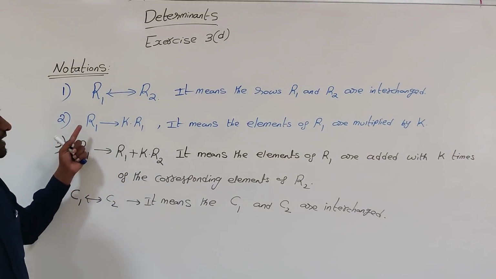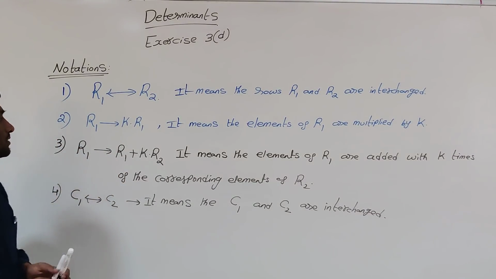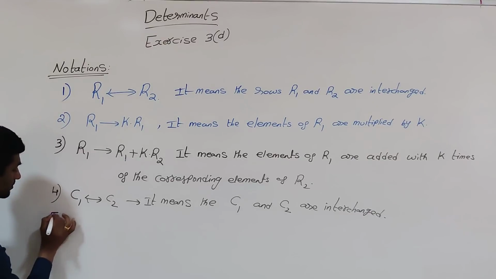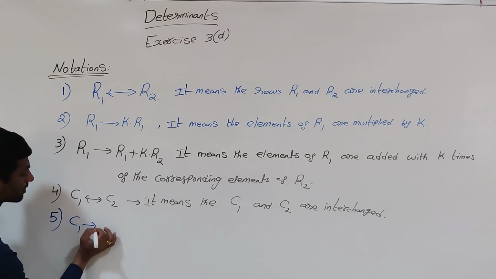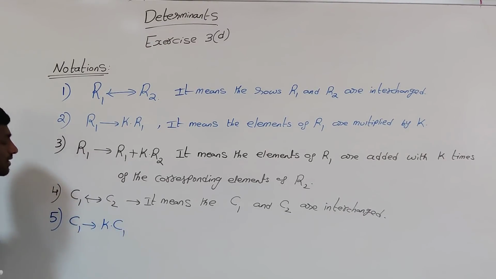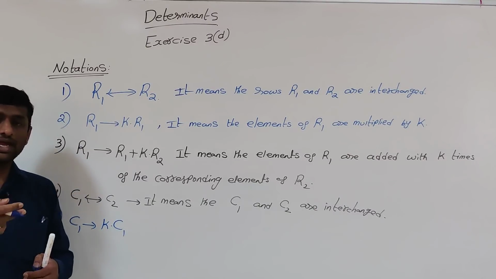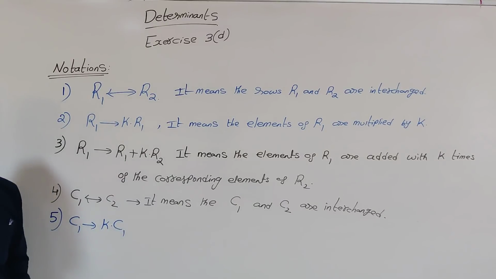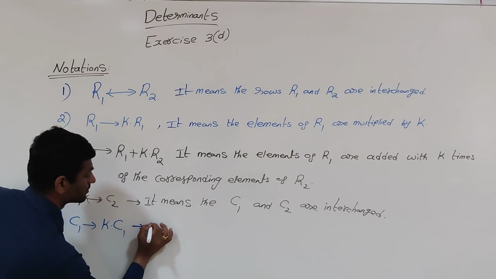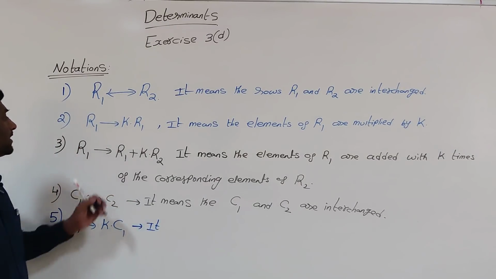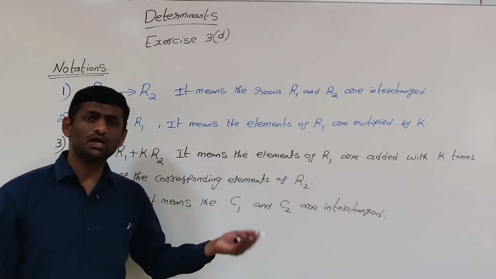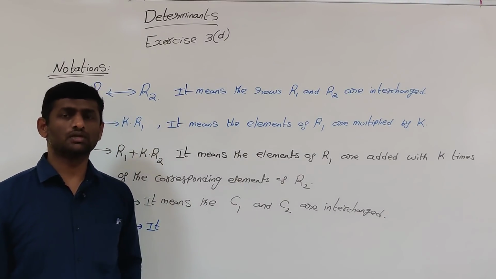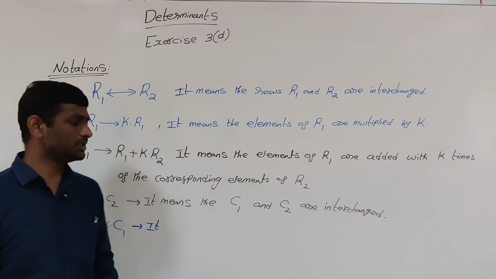Similarly, C1 implies K times C1, means the elements of column 1 are multiplied with K. As I mentioned R1, it may be R2 also, or R3, or C1, C2, C3.